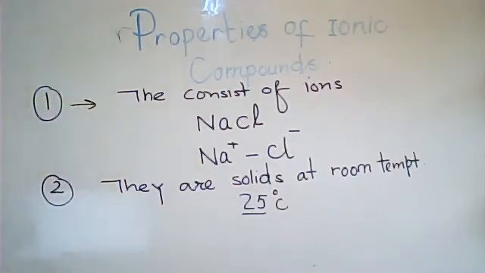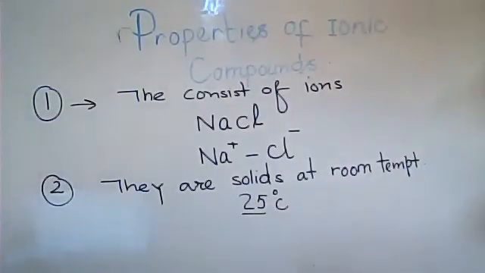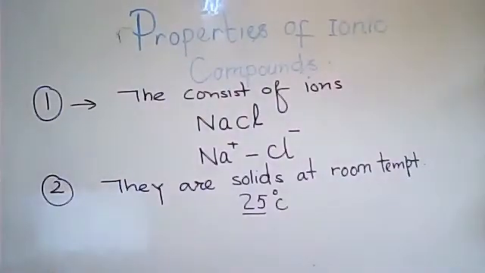So why they are solids? What makes them solids? As you know, these substances are solids. Why they are solids? Because the force of attraction between the ions, which is known as electrostatic force.